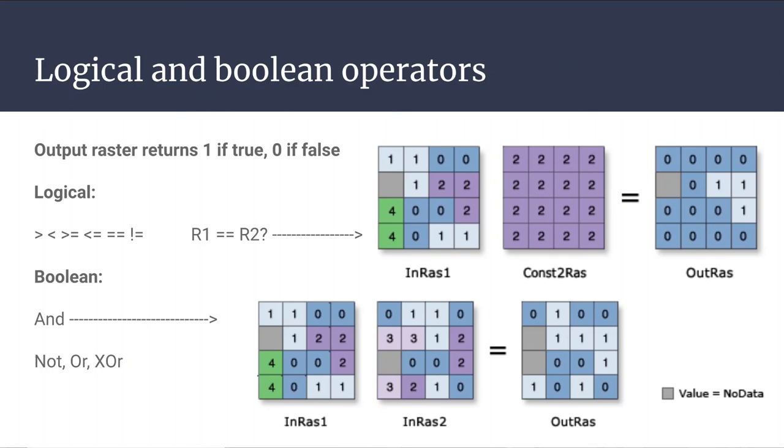For each of these input rasters, where there's a value above 0 in the same location in each of those rasters, the output will have a 1 in that location. If one of them has a value above 0 and one of them has a value of 0, you get an output of false. And if you have a no data value, you'll get an output of no data as well.